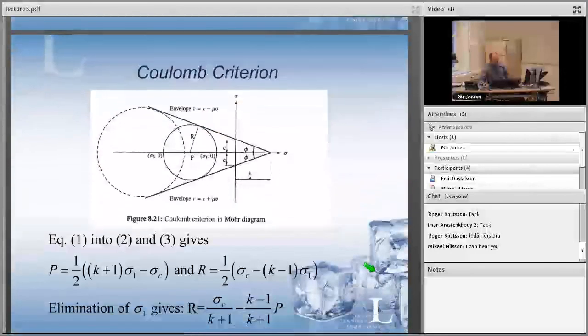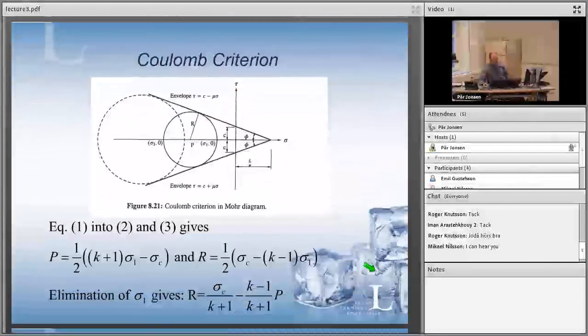But if you look at the linear model, you have only an envelope here from the Coulomb criteria, which is straight, and you have these circles at different stress positions, and all these positions would have different radius. Then you can construct this envelope, which will give you a full linear Coulomb model.